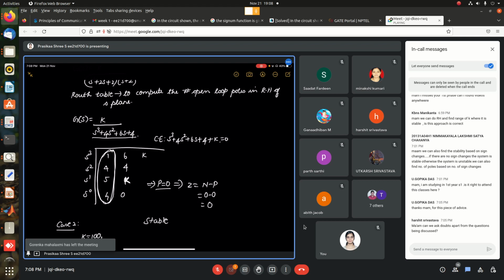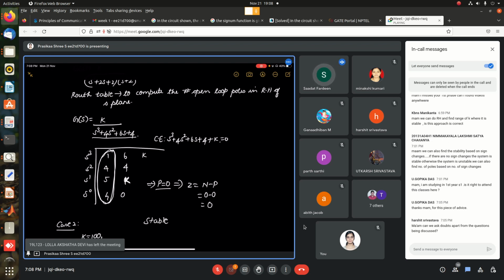So it can be formulated for both open loop transfer function and closed loop transfer function, as long as you can formulate that characteristic equation and write out the coefficients. It will be done for both, but mainly to find the stability of a system. For that, we use the characteristic equation.